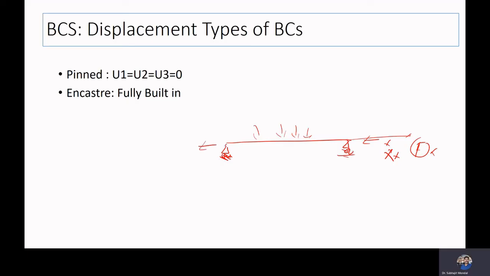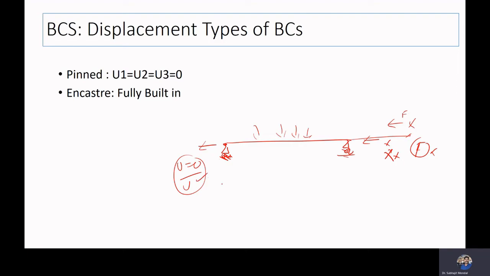In that case, you may choose U equal to 0 or you may not choose U equal to 0. That is not going to affect your result. Okay, so here you have to ensure that there is no force acting horizontally. In that case, this boundary condition you may not give.